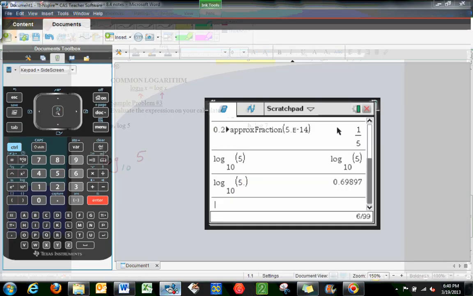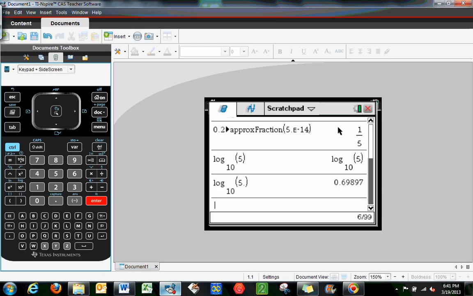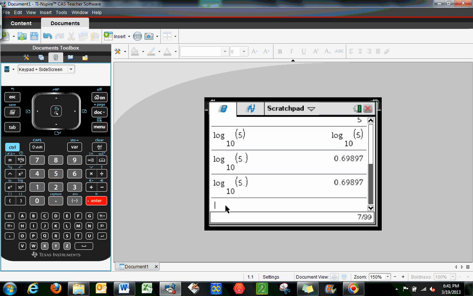And so then we see we have an answer that looks like this, 0.69897. So if we're looking at that, however, if I want to put this in here and I know it's log base 10, I can actually skip the base part and simply put in a 5 and hit enter, and notice that it fills in the base 10 for me.